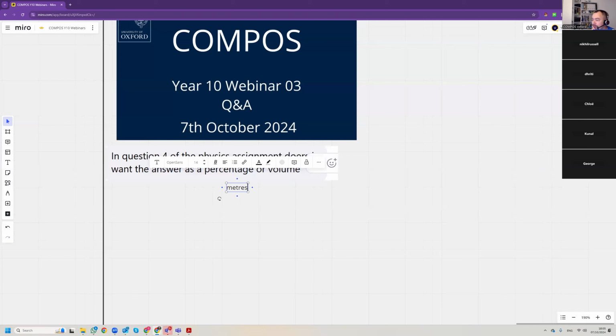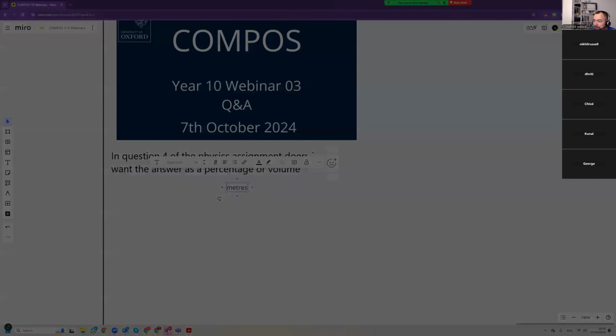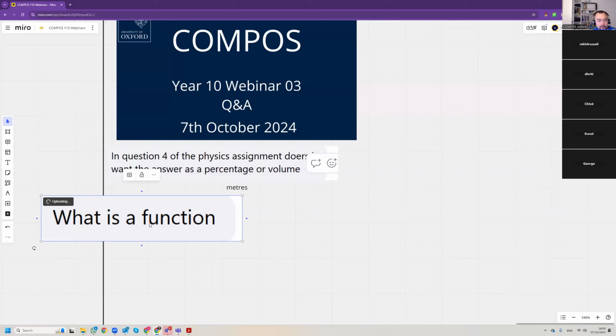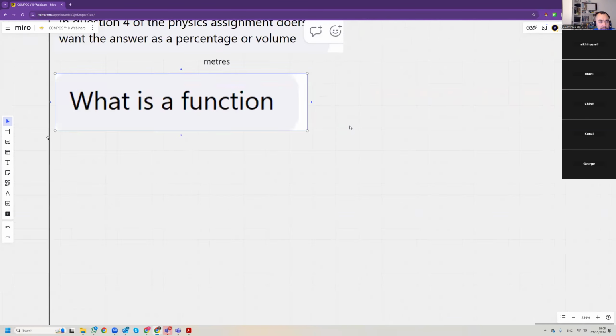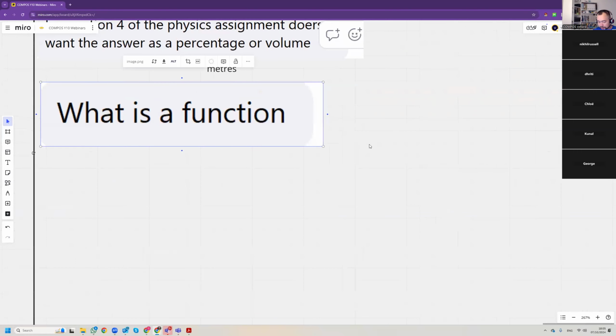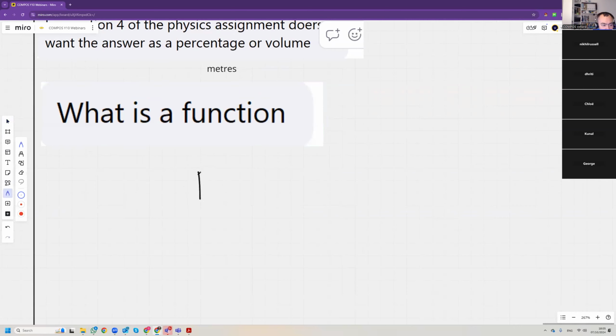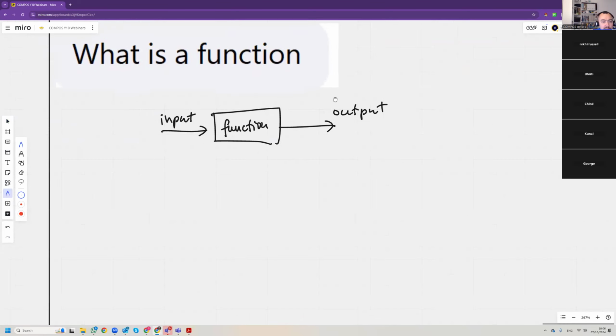What is a function? Oh, that's a tough one to answer. Well, a function has an input and an output. It's sort of a rule. So this is a function. You have an input and an output.